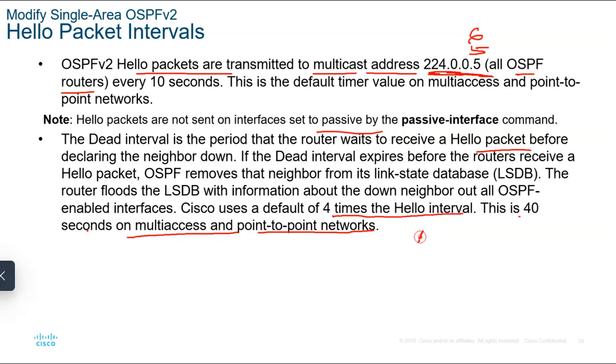So if the hello is 10, then you multiply by 4 and it gives you 40. This will be the time that it has to wait before it declares the network unreachable.